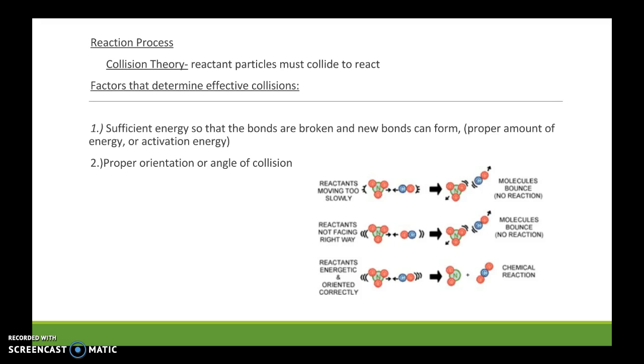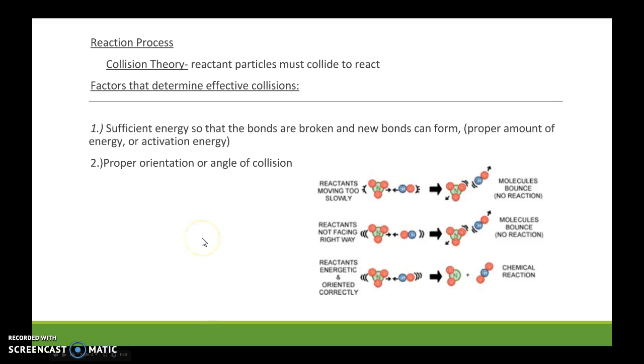The second thing you need is the proper orientation or angle for the collision to occur. If it has the wrong angle or the two correct sides don't connect, you're not going to get a reaction. If you look down here on the chart on the right, if the reactants move too slowly, they're just going to bounce off each other and head in opposite directions. So there's no reaction.